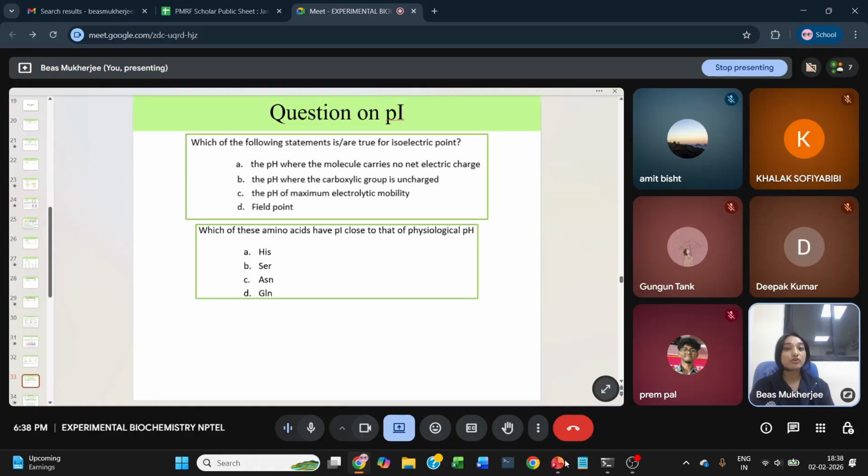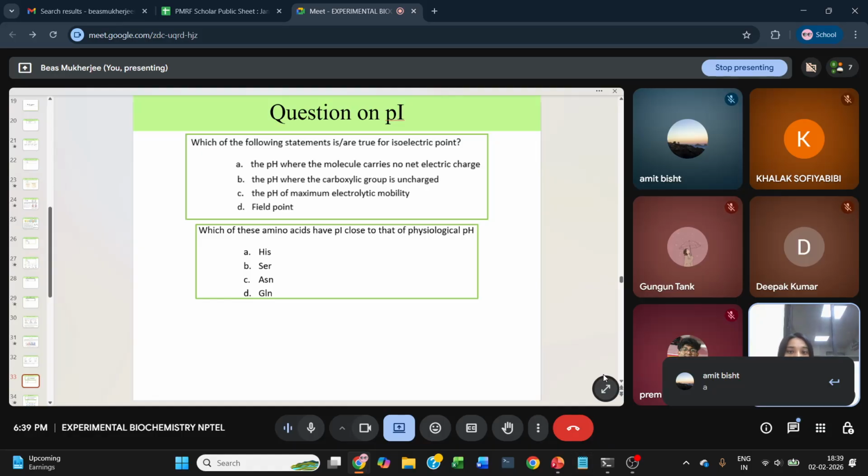Okay. So which of the following statements is or are true for the isoelectric point? A: the pH where the molecule carries no net electric charge. B: the pH where the carboxylic group is uncharged. C: the pH of the maximum electrolytic mobility. D: the field point. Okay. Which are true for the isoelectric point?